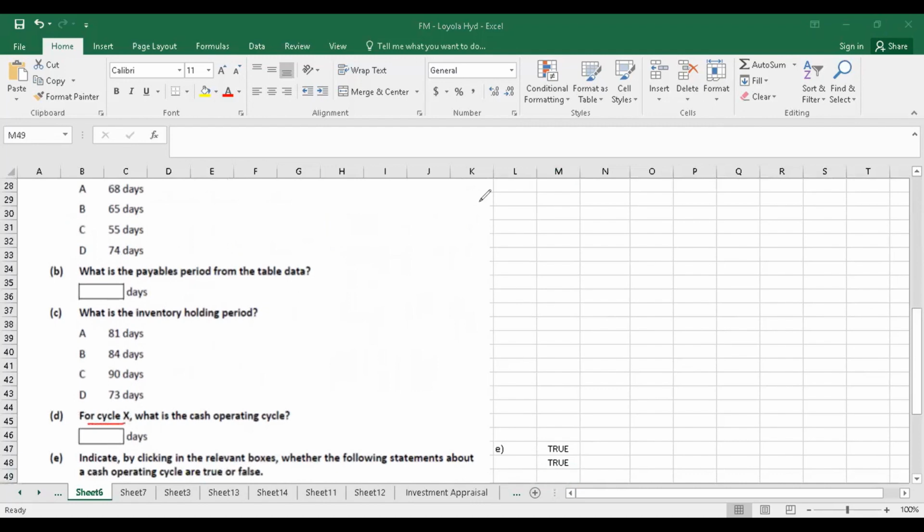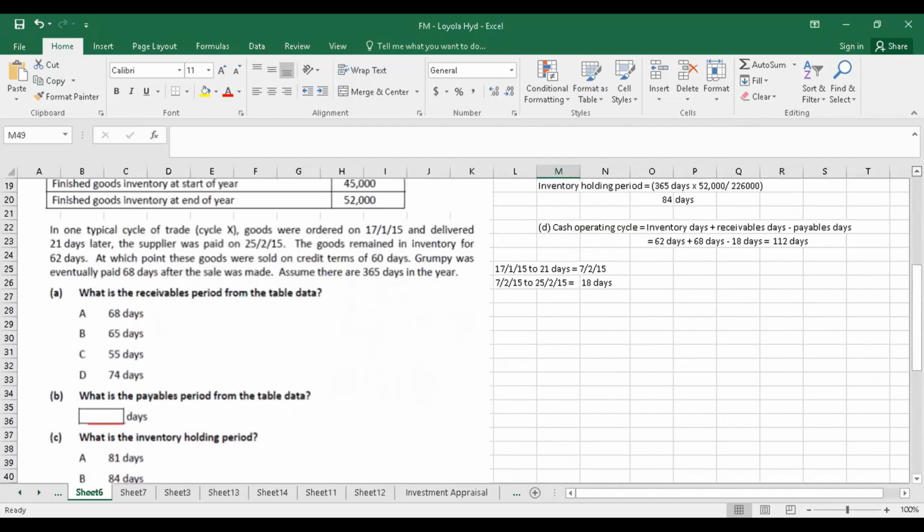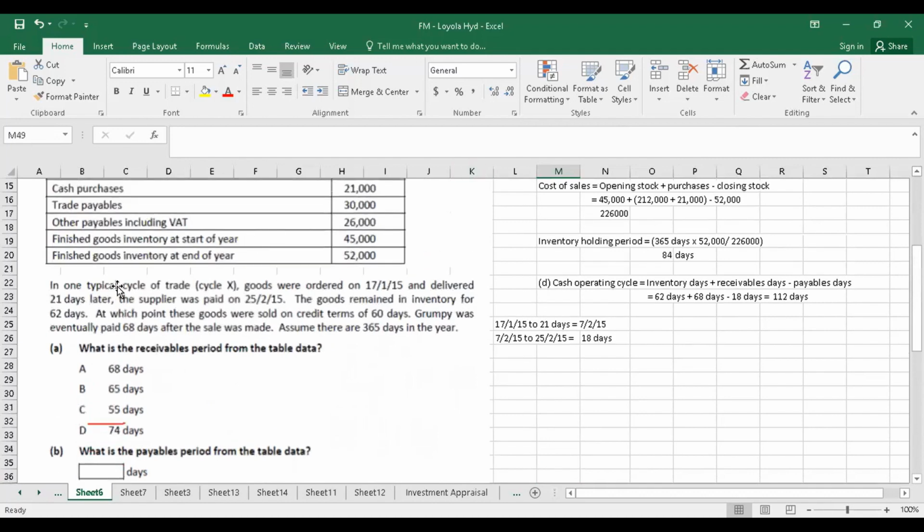So what is the cycle X? In the question, we have some data given for cycle X. In one typical cycle of trade, that is in cycle X, there are some details given. Goods were ordered on 17/1/15 and delivered 21 days later.